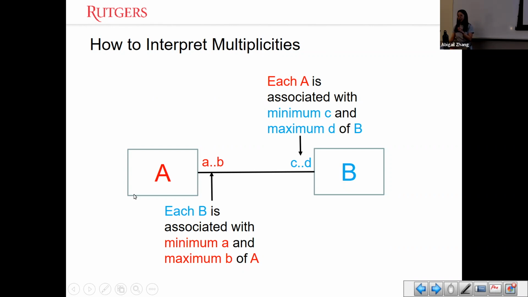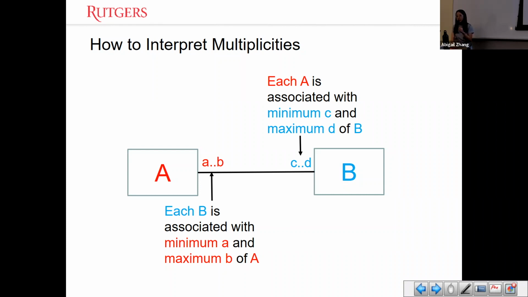Similarly, for the multiplicity placed next to B, which is lowercase c or d, we would say each a is associated with minimum c and maximum d of b. This is a little bit difficult to say, but let's look at some examples.